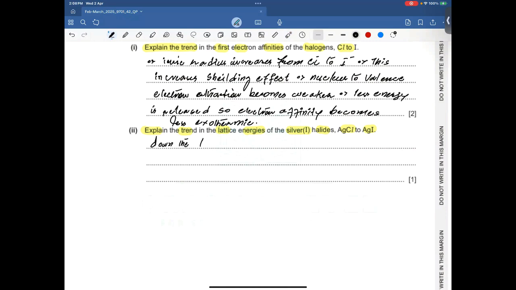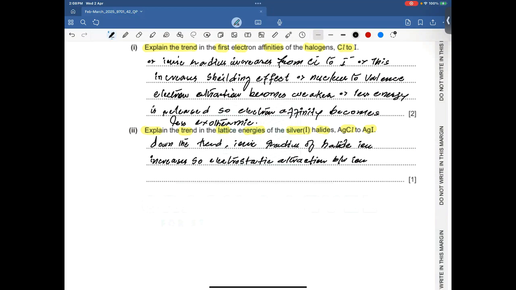So electrostatic attraction between ions becomes weaker, hence lattice energy becomes less exothermic.